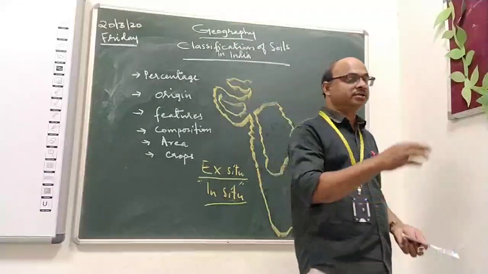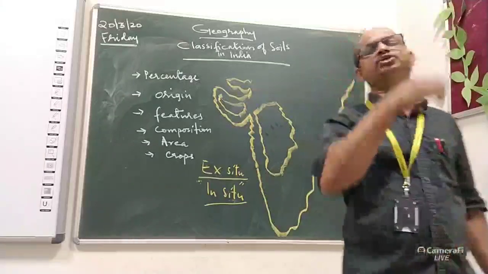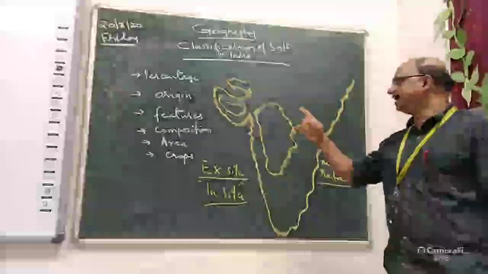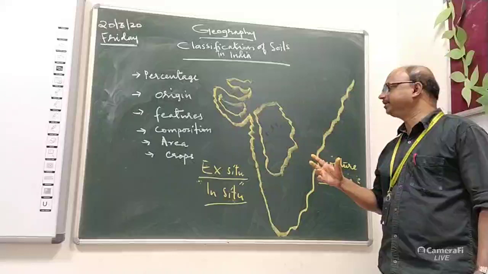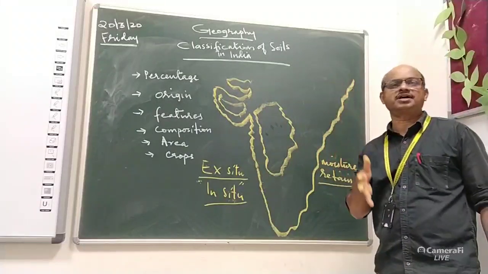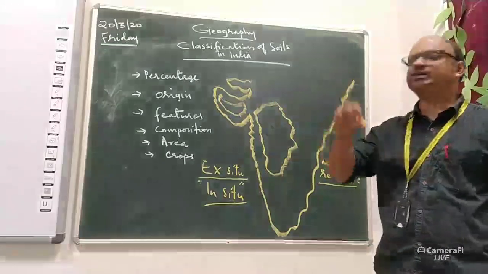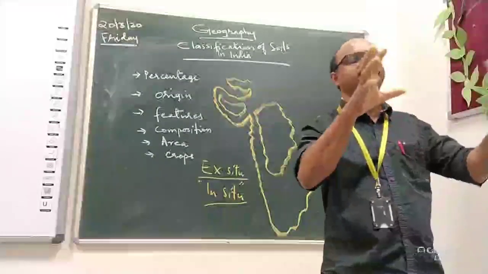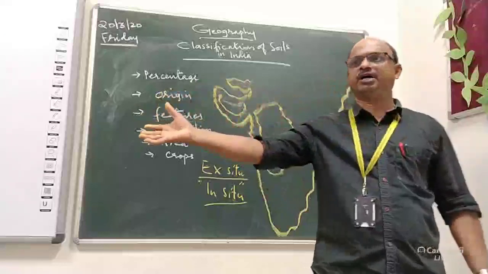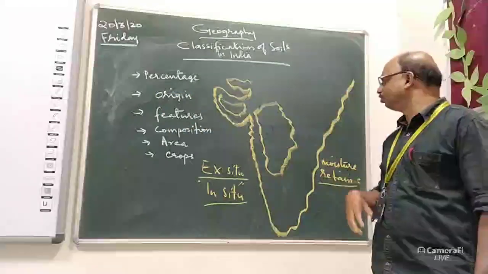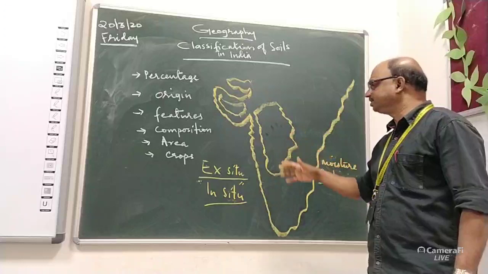And one disadvantage is also there. When it is the dry season, what is happening? Cracks form in this particular soil. But at the same time, when there is too much rainfall, it is very sticky. For example, if you go to the Maharashtra or Gujarat region, you can understand that particularly in the rainy season, it is sticky.